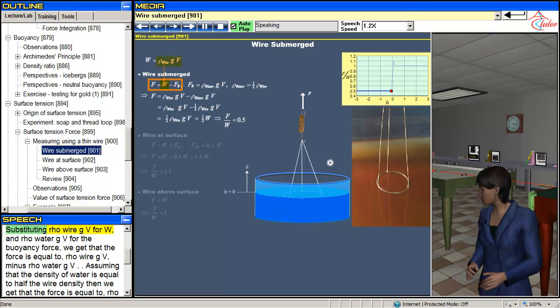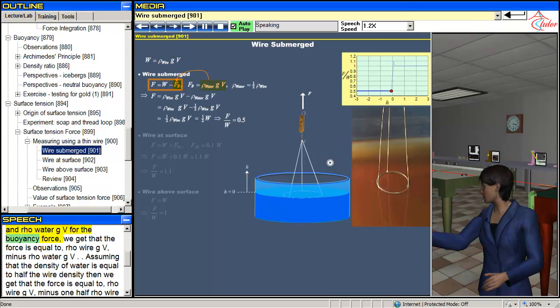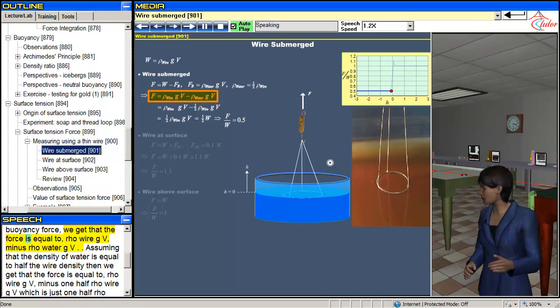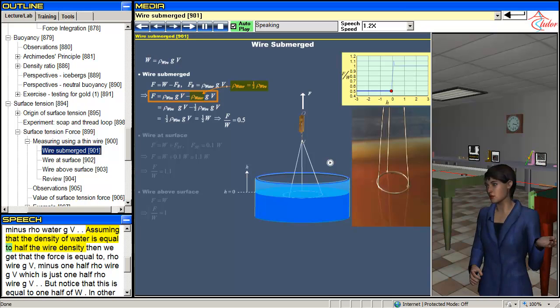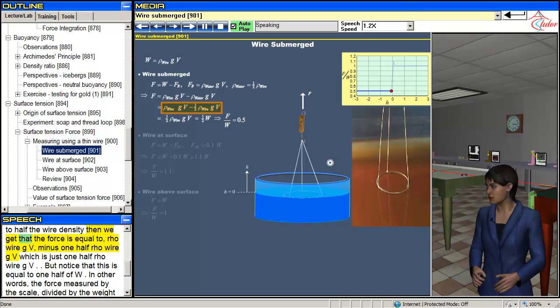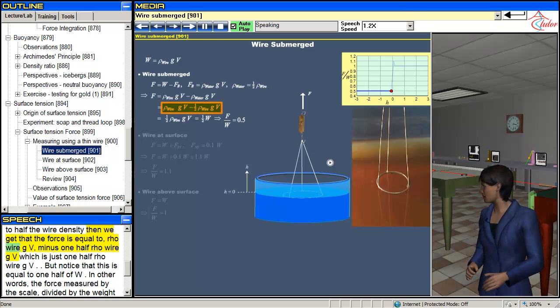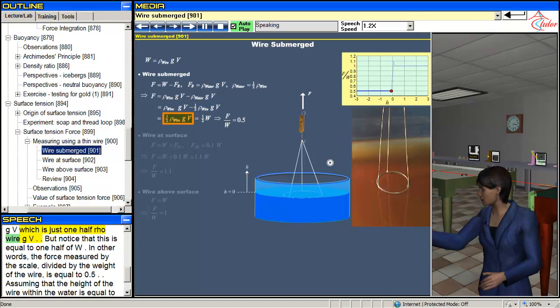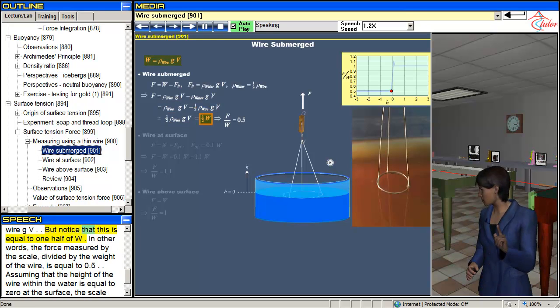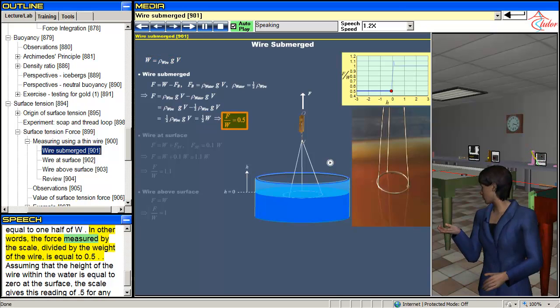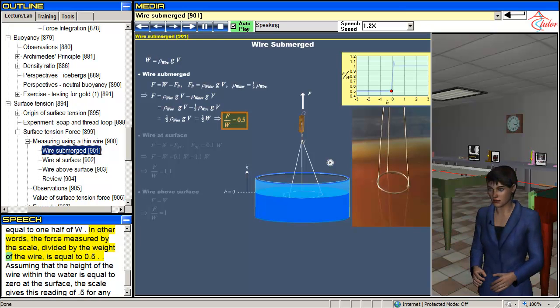Substituting rho wire g V for W and rho water g V for the buoyancy force, we get that the force is equal to rho wire g V minus rho water g V. Assuming that the density of water is equal to half the wire density, then we get that the force is equal to rho wire g V minus 1/2 rho wire g V, which is just 1/2 rho wire g V. But notice that this is equal to 1/2 of W. In other words, the force measured by the scale, divided by the weight of the wire, is equal to 0.5.